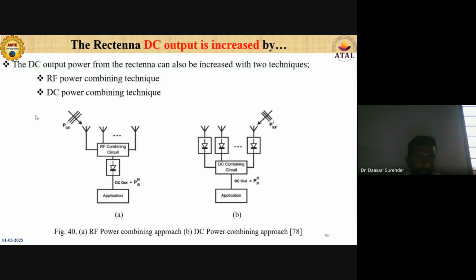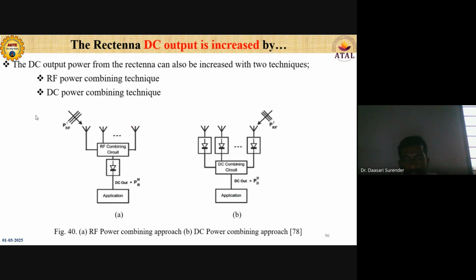The RF combining approach is suitable when RF energy is low in the ambient environment, and the DC combining circuit is used when ambient RF energy is comparatively high. So these are the two different approaches. First we combine the RF signals, and the combined signal is converted into DC. That is generally observed in the RF combining circuit.